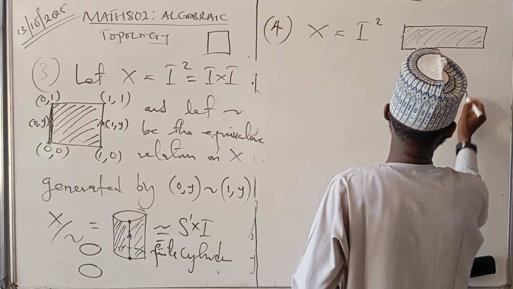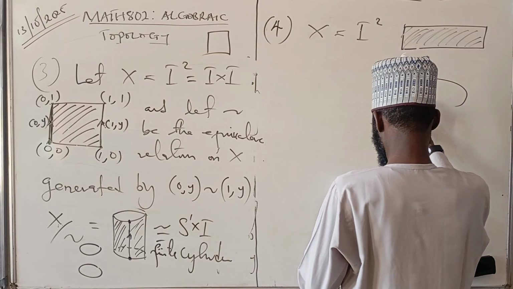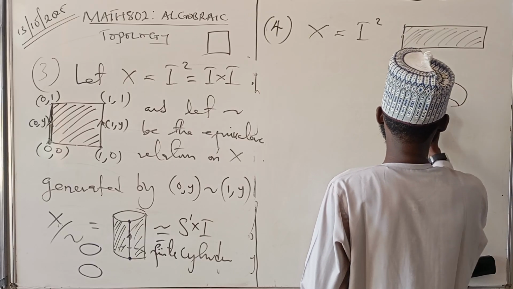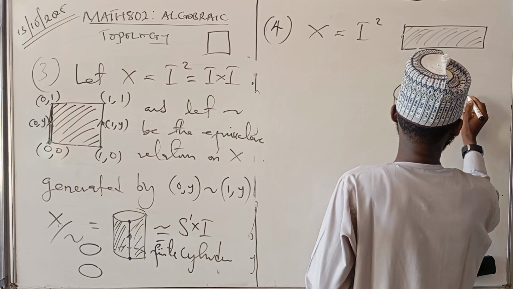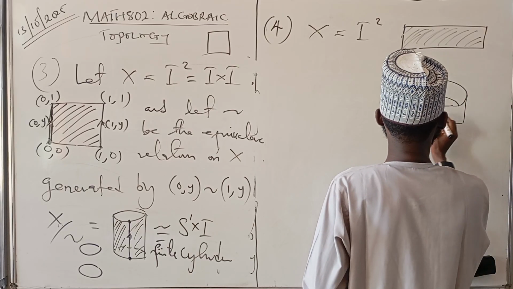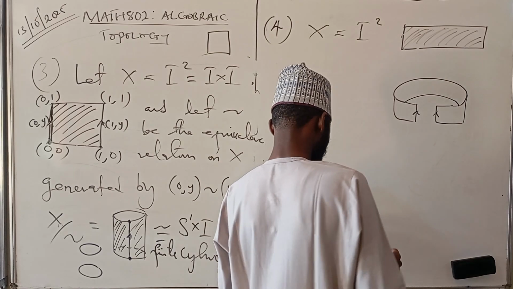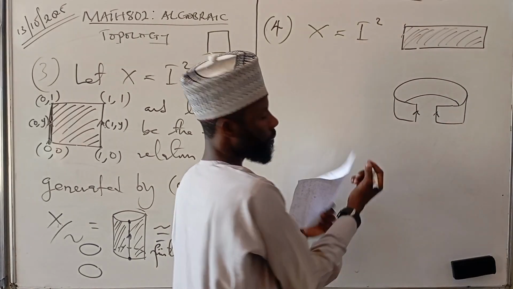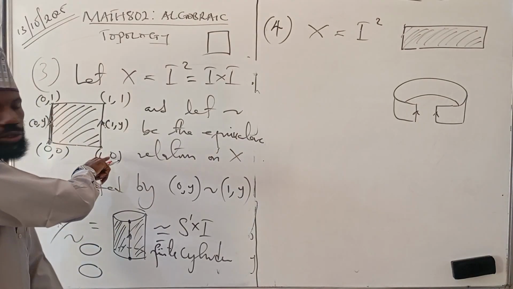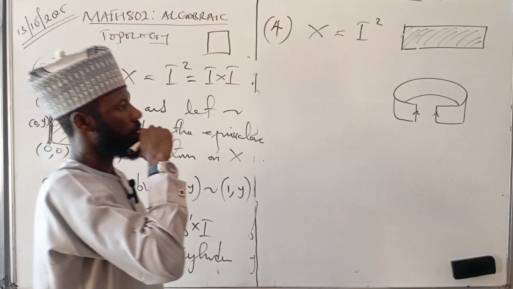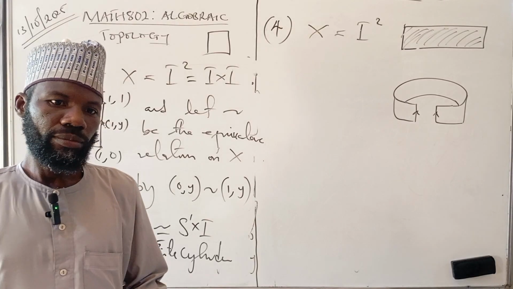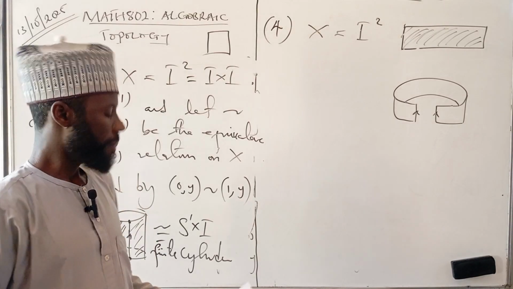We do the folding like this, and what we do was to attach it together. If you attach it like this, this is still the same identification with this one. So this is called a strip. It's a strip.